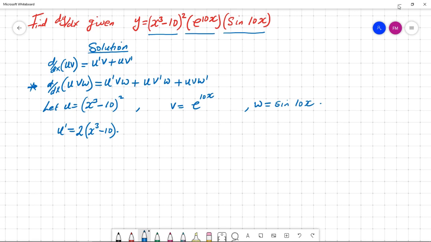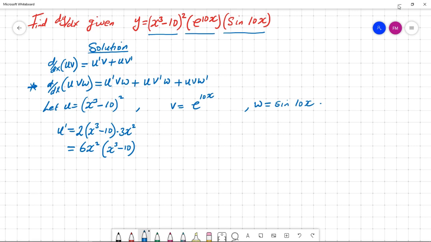So the derivative of that with respect to x will be 3x squared. We can write this as 6x squared into (x cubed minus 10).